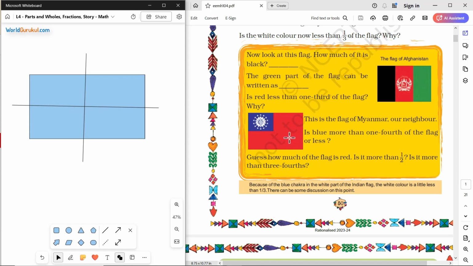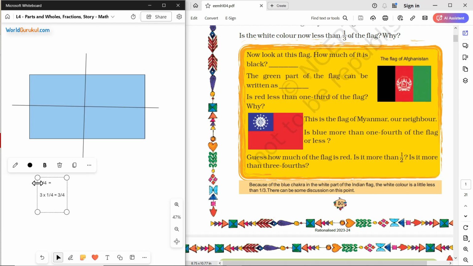And the red is how much in that case? So when you make 4 parts of a rectangle, then each part will be 1/4, and 1/4 is blue. And how many are remaining? 3 1/4s. 3 multiplied by 1/4 is going to be 3/4.